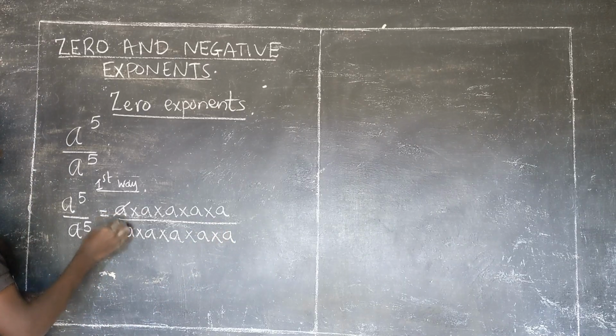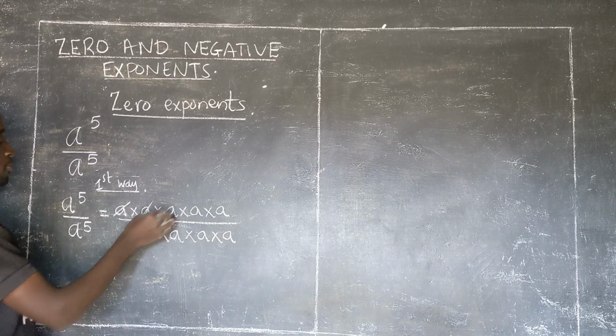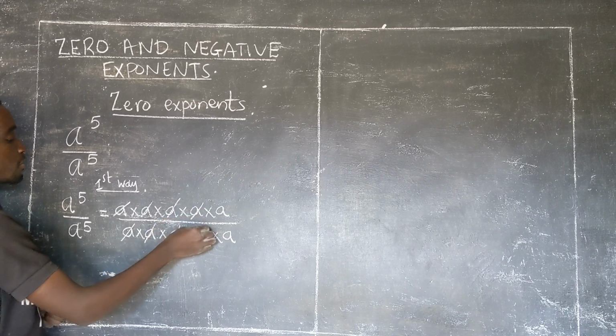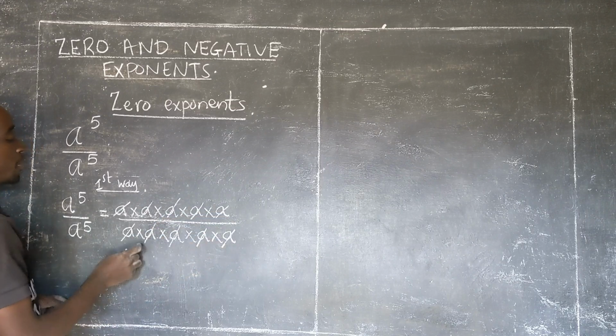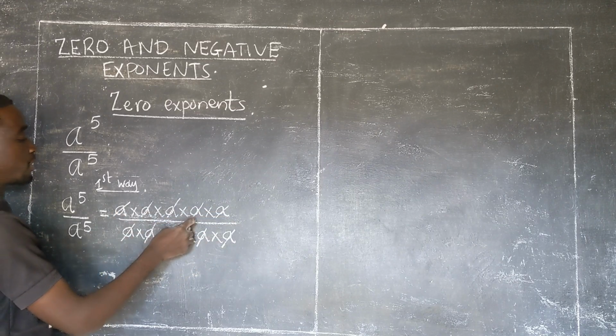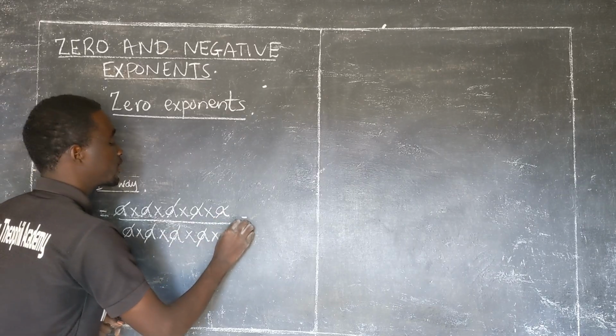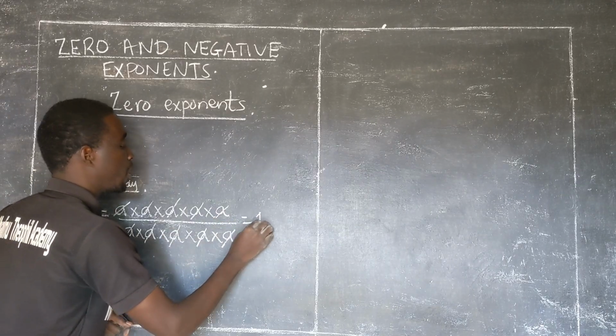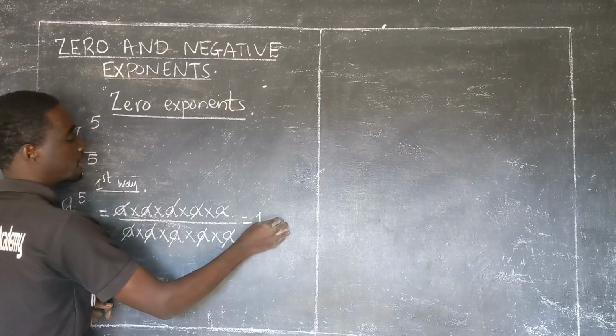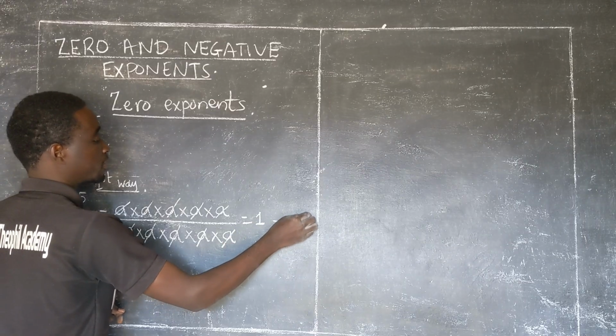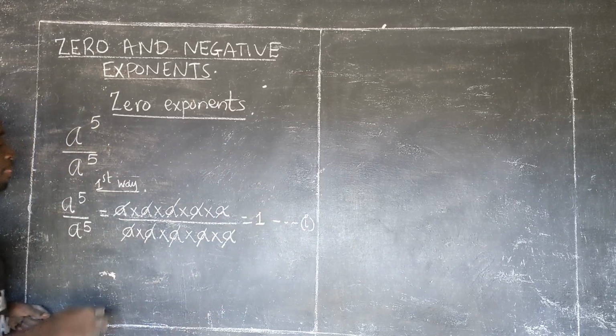Each a in the numerator cancels with an a in the denominator, remaining with 1 times 1 times 1 times 1 times 1. Now we get 1. Let's take this as equation 1.